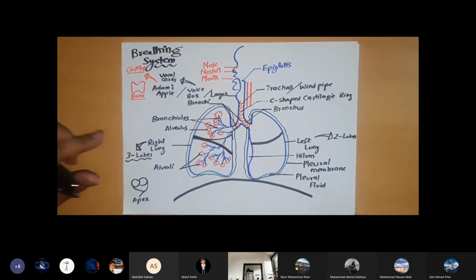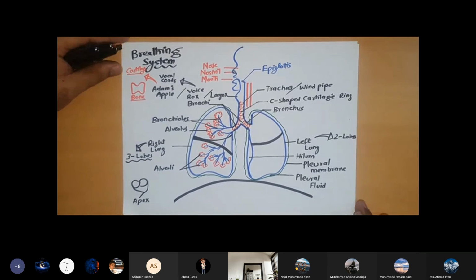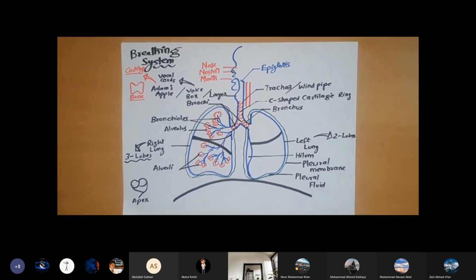The question is, why is there a liquid in between the pleural membrane and the lungs? This liquid, the pleural fluid, reduces the friction while the lungs of our body are inflating and deflating. Remember, I use the words inflating and deflating categorically.